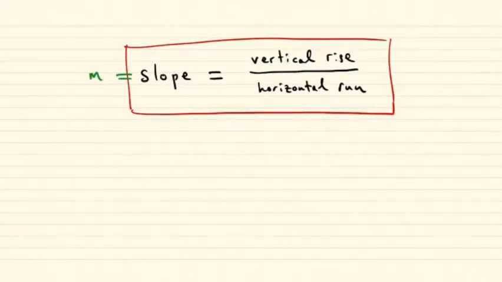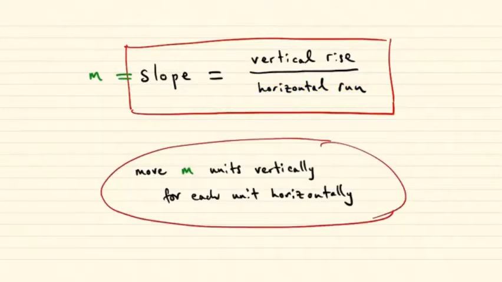Now, if the horizontal run is just 1 unit, then we're dividing by 1, so the fraction becomes the vertical rise. In other words, we move m units vertically for each unit we move horizontally.